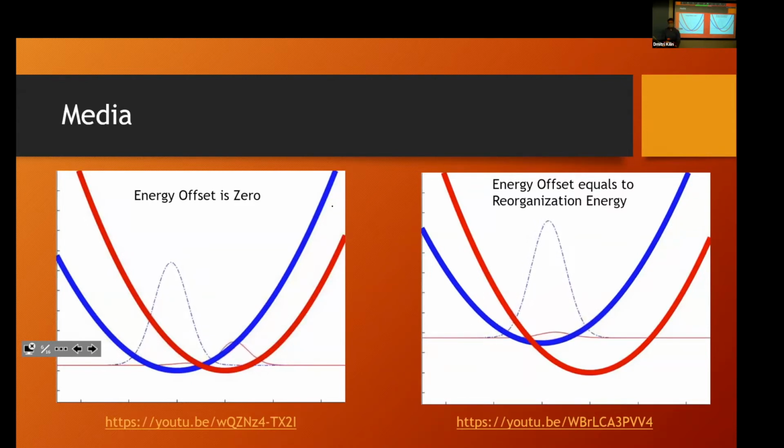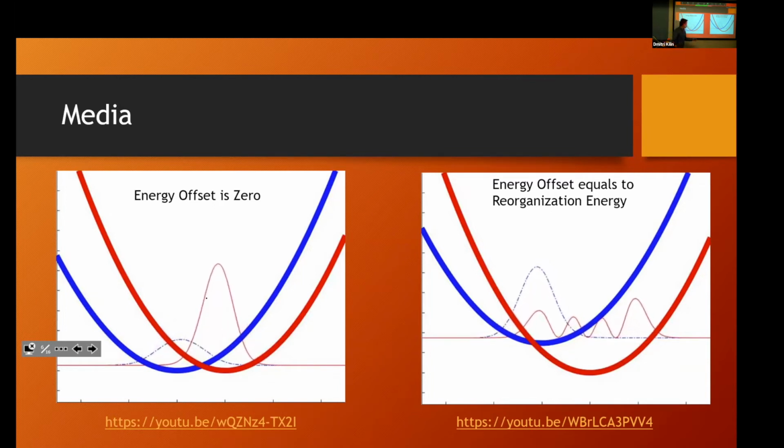The offset, or the difference in energy, on the left is 0, and the difference on the right is 1. So on this one, we can see that the curve is a Gaussian shape, and it's all staying together, which means the electrons are traveling in a pack, so the probability of them being in the same place is high.